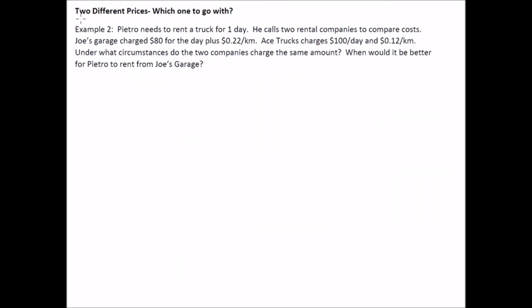Let's do another example. This time we're going to talk about two different prices and which one should we go with. Okay, Pietro needs to rent a truck for 1 day. So he calls two rental companies to compare the costs. Okay, Joe's Garage charges $80 for the day plus 22 cents per kilometer. Okay, we know this from grade 9, like the cost equals 80 plus 0.22, let's say k.